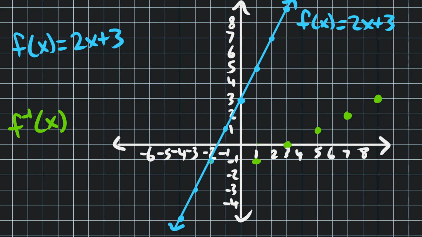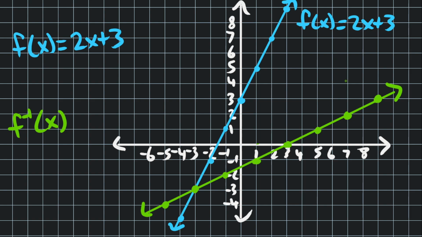And negative 2 comma negative 1 becomes negative 1 comma negative 2. Negative 3 comma negative 3 stays in the same spot. And then negative 4 comma negative 5 becomes negative 5 comma negative 4. And then let's connect all these points with a line. Just like that.